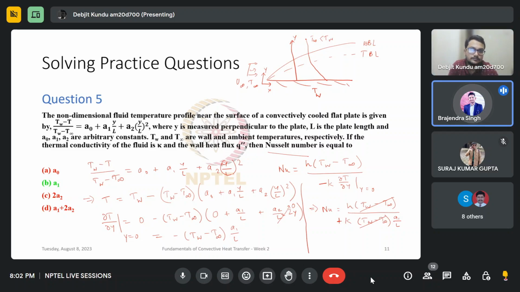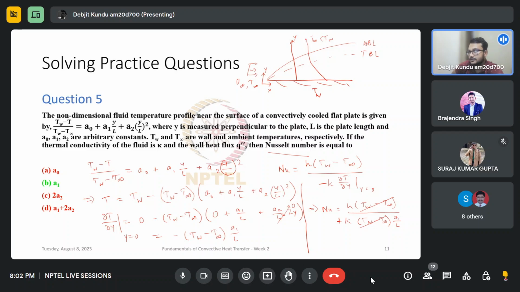Sir, how to zero A2 square upon L square into y? So this one, I have A0 plus A1 into y over L plus A2 into (y by L) whole square. Now I'm differentiating this with respect to y. So T becomes dT/dy, Tw becomes 0. This is a constant, it will stay as it is.